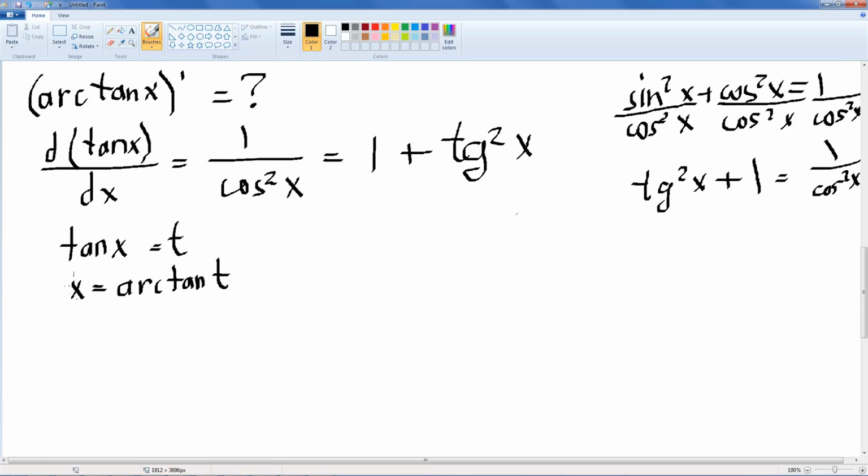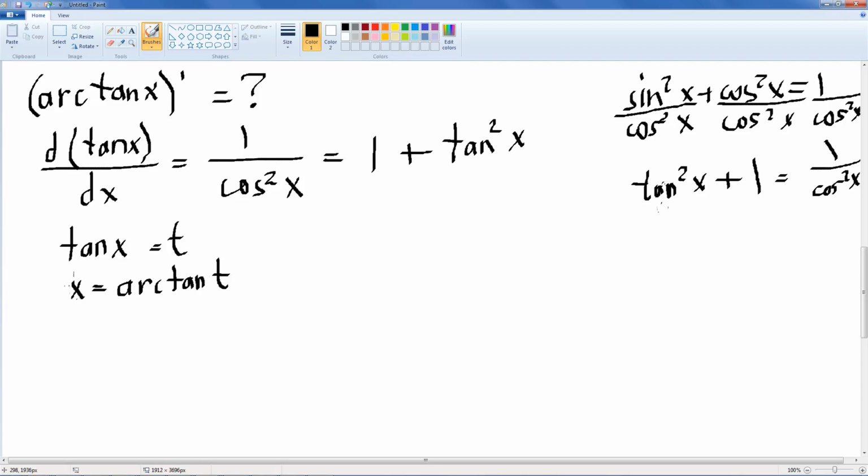Anyway, this is great because we have tangent, right? Sorry, I wrote tangent as tg, but this means tangent. Not to confuse you, I'm gonna be consistent and try to write it as tangent x squared. Okay, now what I'm gonna do here is I'm just gonna rewrite the whole thing in terms of t.